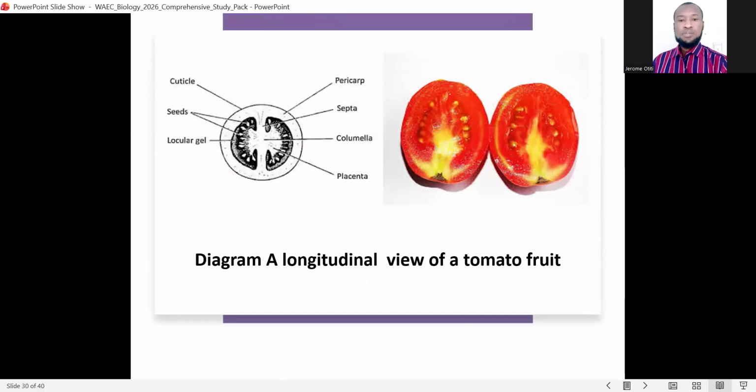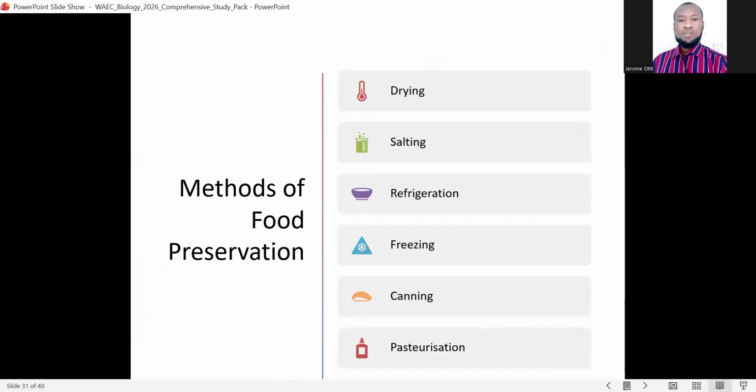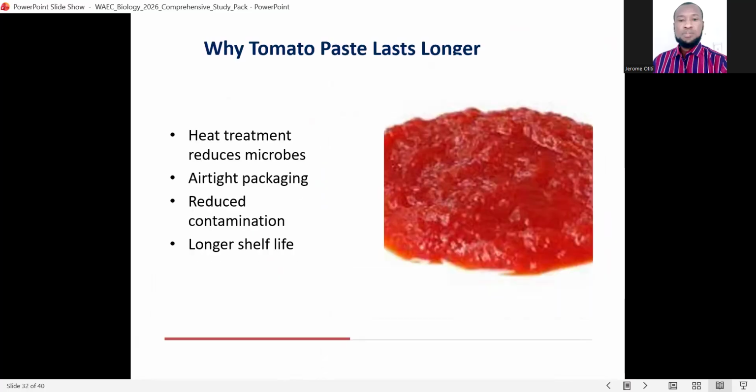This is for longitudinal. It also lists the methods of food preservation as an extra bonus.